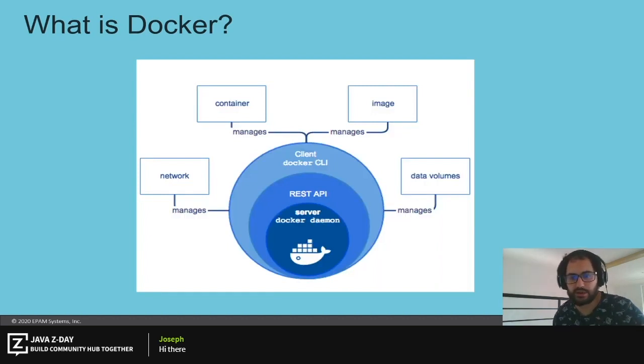Now, talking about what technology is inside of Docker. Basically, Docker is a daemon, a long-running process that you can find in your machine, and this daemon's role is to communicate with the other tools that we have in the kernel.